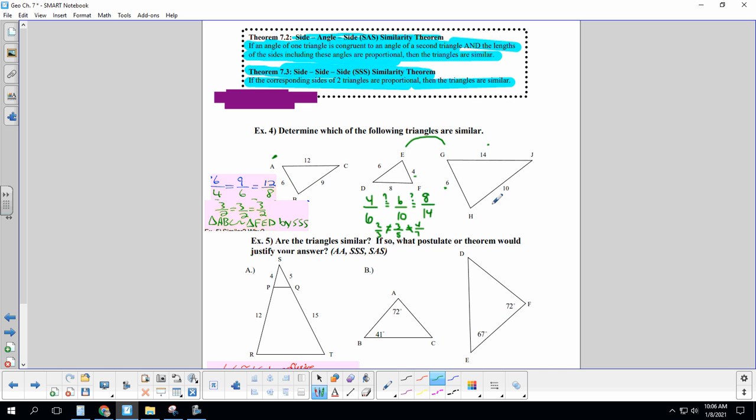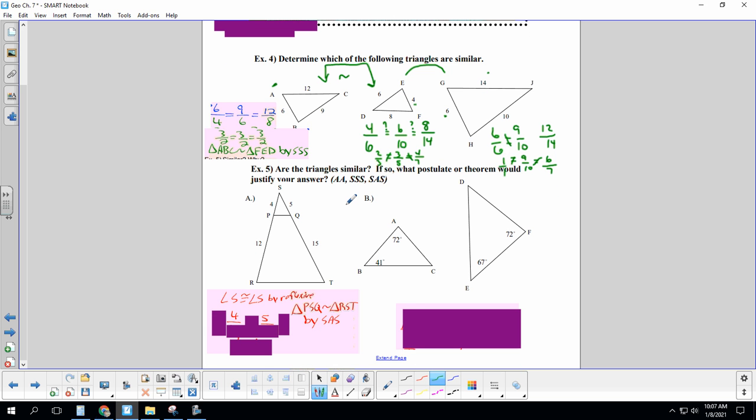So let's go small, medium, large, and we'll compare it to small, medium, large. And we're going to reduce this down. I already know it's not going to be equal. So this is 1 over 1, which is not equal to 9/10, which is not equal to 6/7 either. So what we have learned is that the first two are similar.